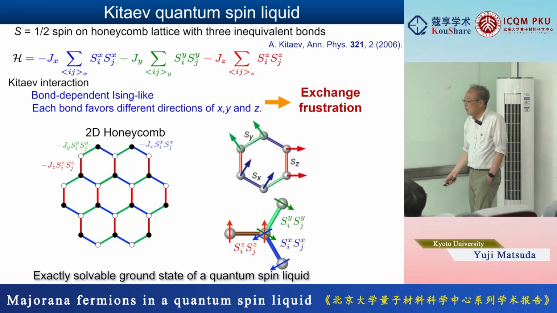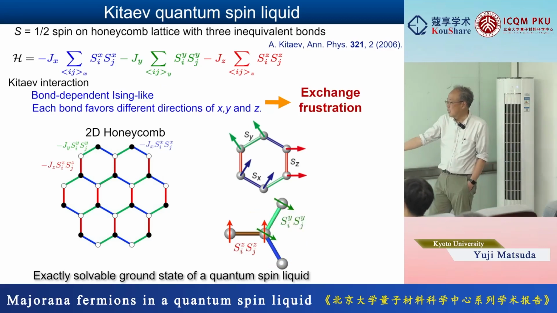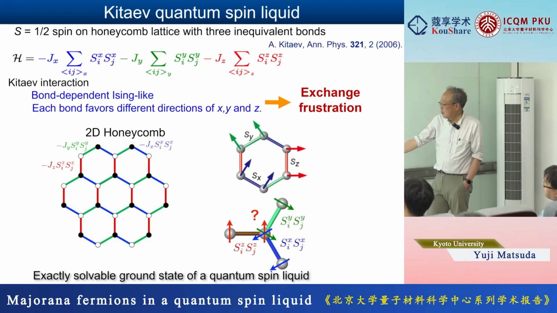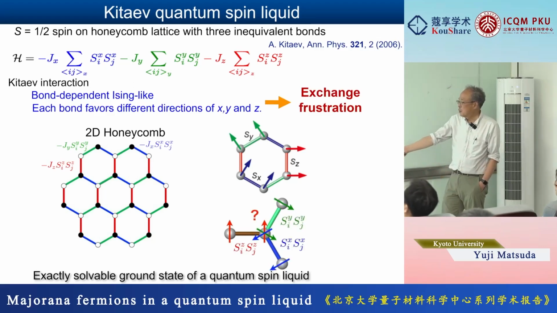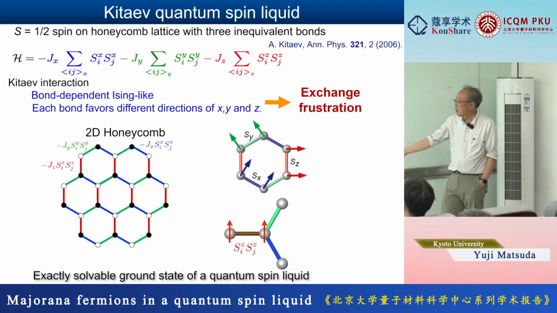So if the spins are aligned along the z-axis, the bond energies along the x and y bonds are not lowered. As a result, the spins cannot satisfy 3 different configurations simultaneously. So this leads to exchange frustration.